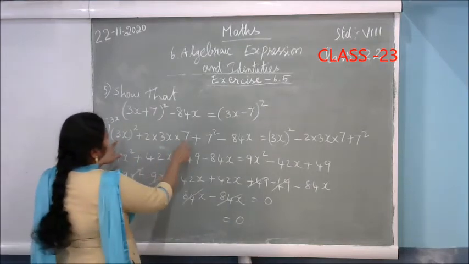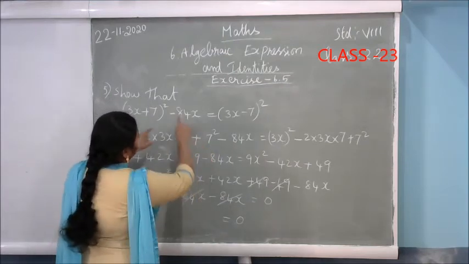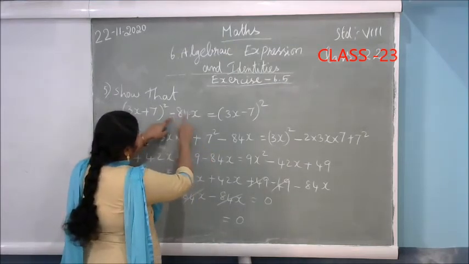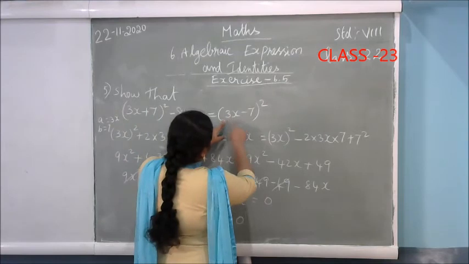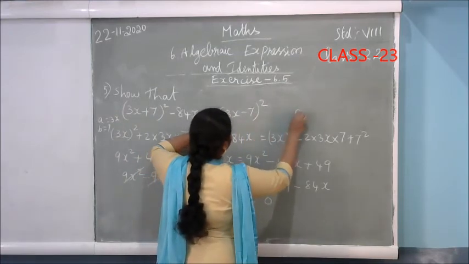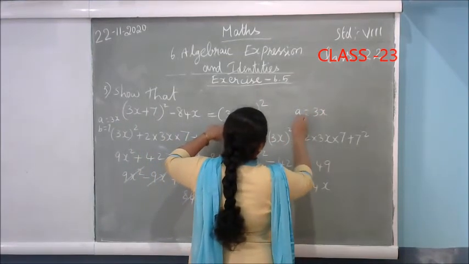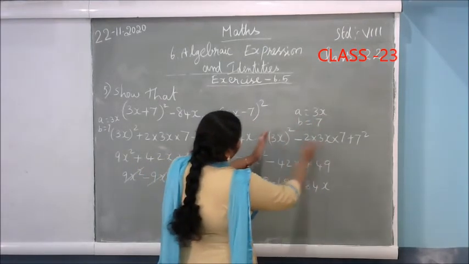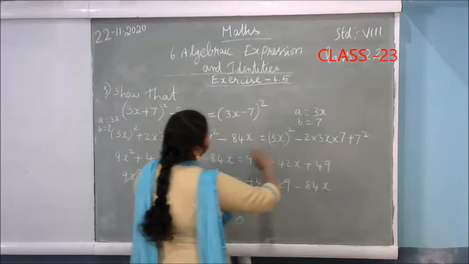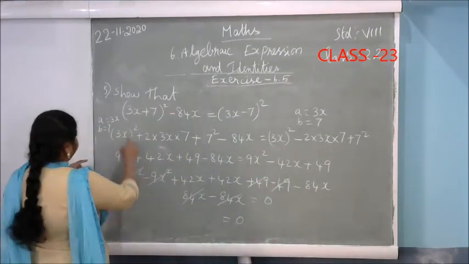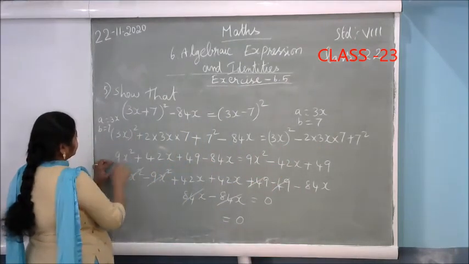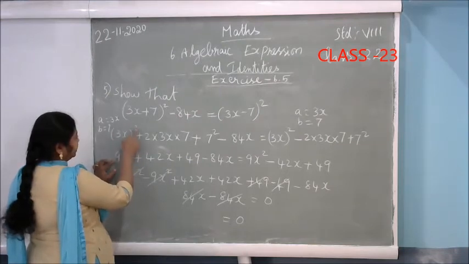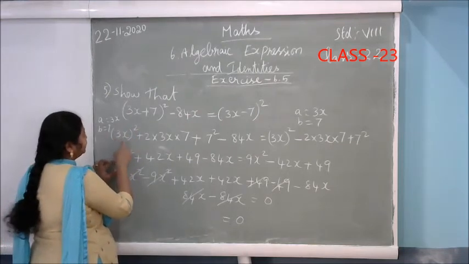Using the formula I wrote this step, and minus 84x is there, that I wrote here. Using the formula here, a is equal to 3x and b is equal to 7. Using that identity I wrote the formula. So afterwards if you simplify this, 3x the whole square, the square goes inside, so this will become 3 square and x square.